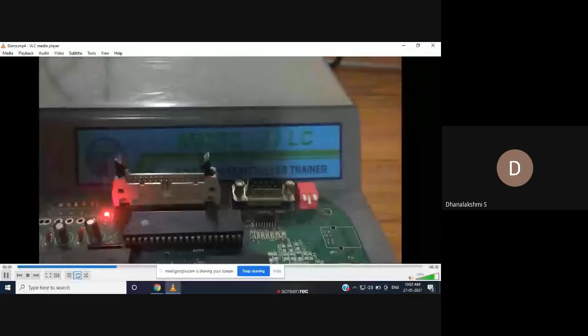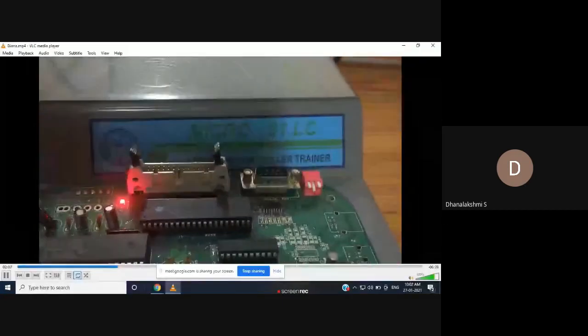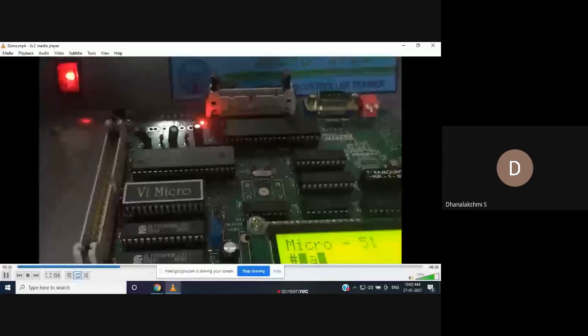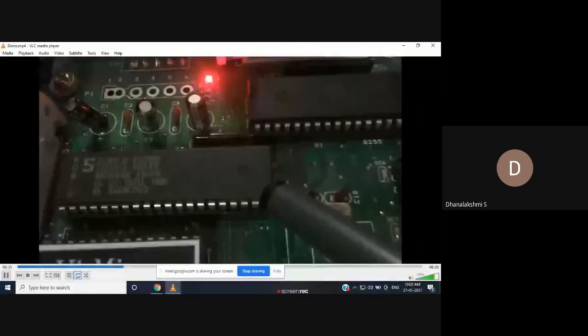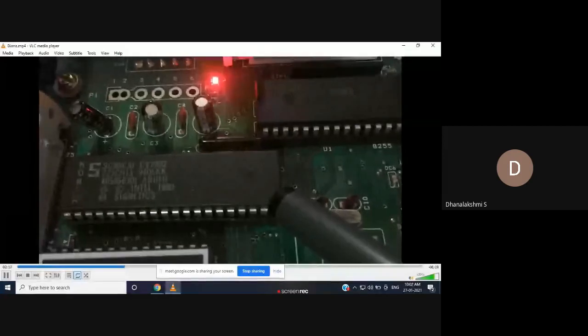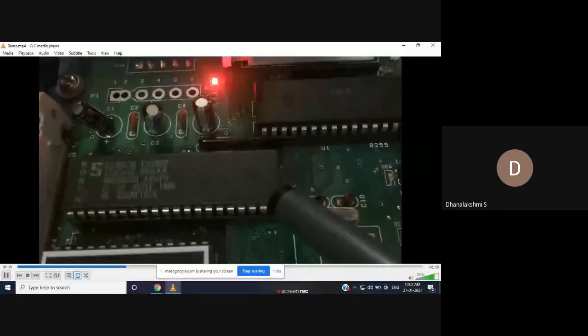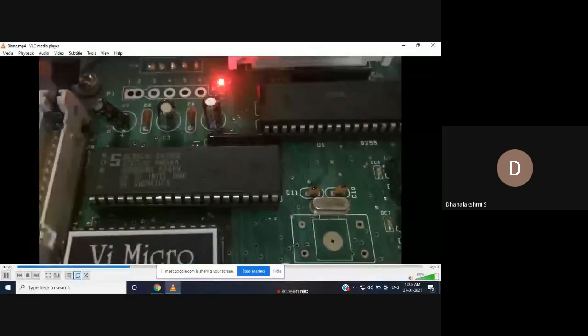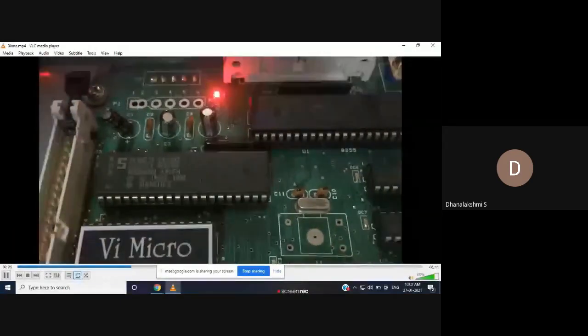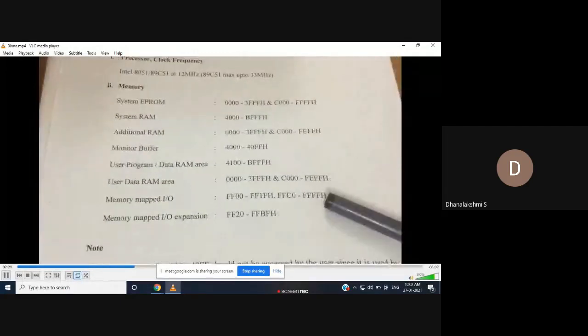And we'll now see the hardware specifications. So you can see this is the very large IC here. This is the 8051 IC, which operates at 12 megahertz clock frequency. And regarding the memory, these are the different memories available for 8051.